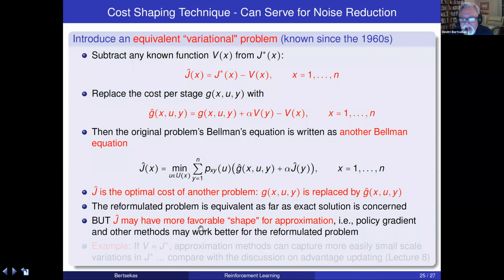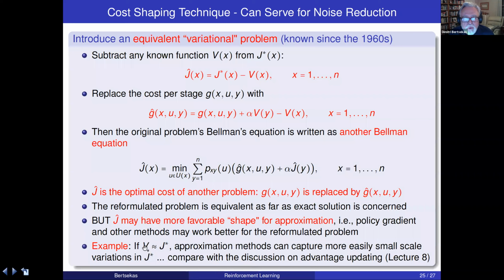And it turns out that if you choose this V close to J star, you can subtract out a big portion of J star that may be causing a lot of trouble in the sense of swamping out fine detail variations of J star.